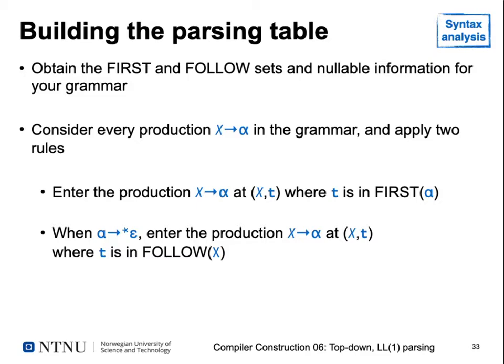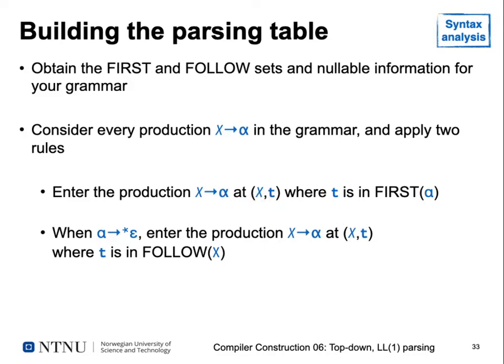First, we enter this production X derives alpha at the location in our table X,t, where this character t, a terminal symbol, is in the first set of alpha. So this means we try to match the first character t to this production, to see if it fits.